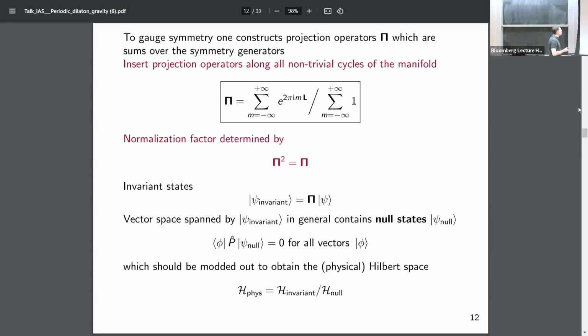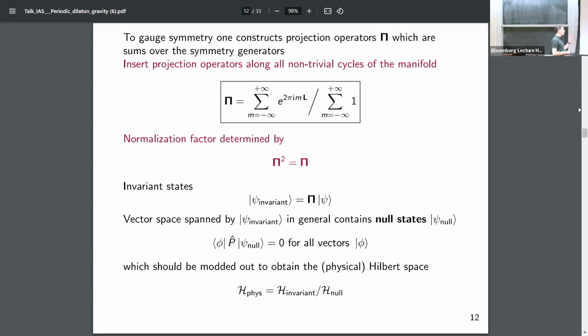So, okay, what we do is we construct projector operators as always that project on invariant states. There's the infinite normalization factor, which is funny but important, and it's determined by the fact that the projector is a projector. So we construct invariant states.